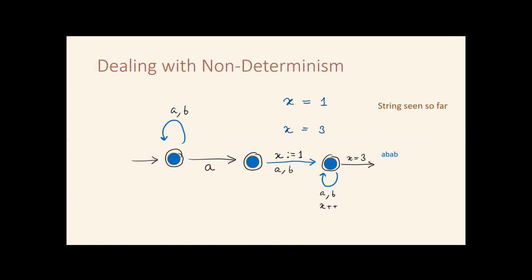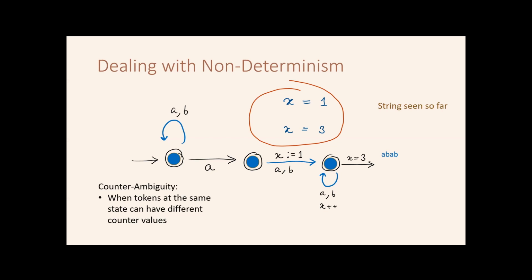So at this moment, we actually have two tokens at the same place, or rather two different values of this counter at the third place. This is a situation which I will call counter ambiguity, when tokens at the same state can have different values.